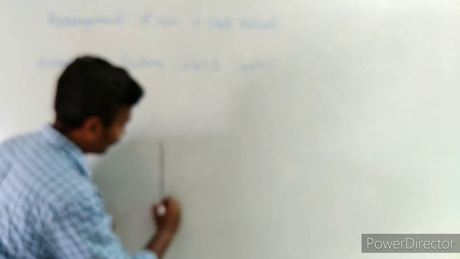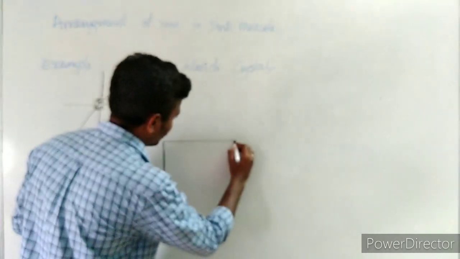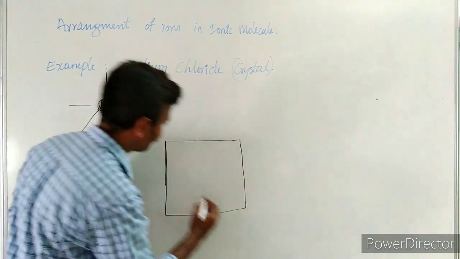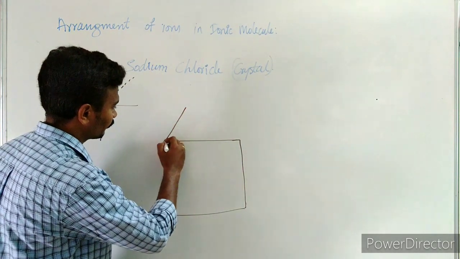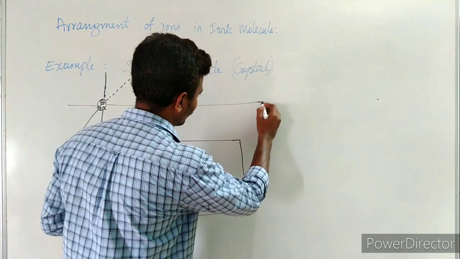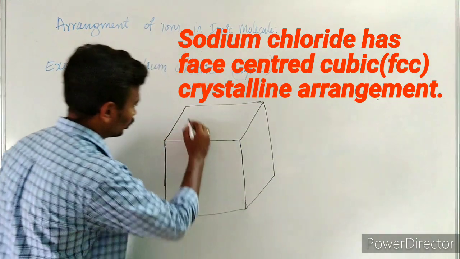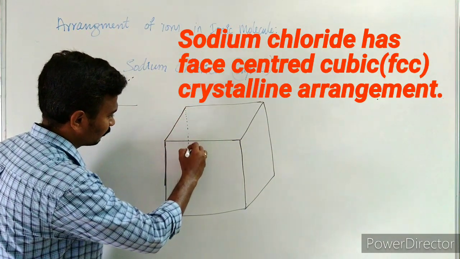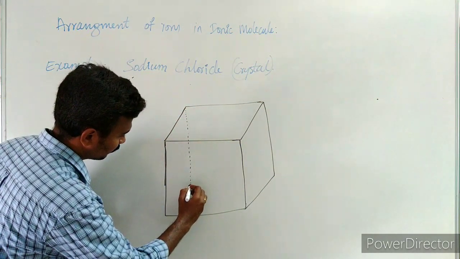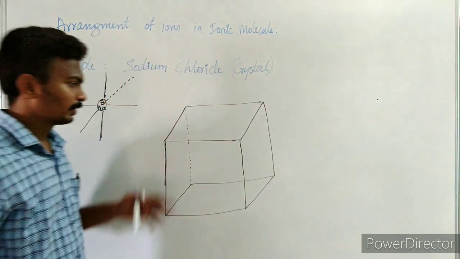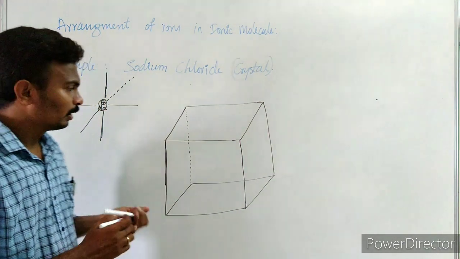Sodium chloride is a cubic crystal. It is a face-centered cubic crystal. This is a cube.